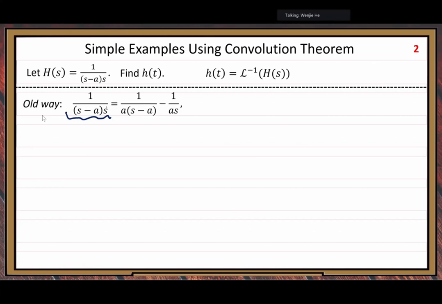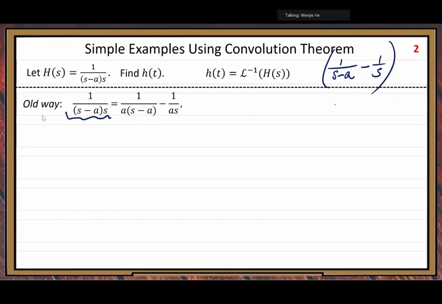Here you just treat a as a positive number, so the denominator s minus a is smaller than s, right? So when you do subtraction, you do 1 over (s minus a) minus 1 over s. That's the first-round split. There are several factors we consider, and you need some experience to get used to this way of splitting.